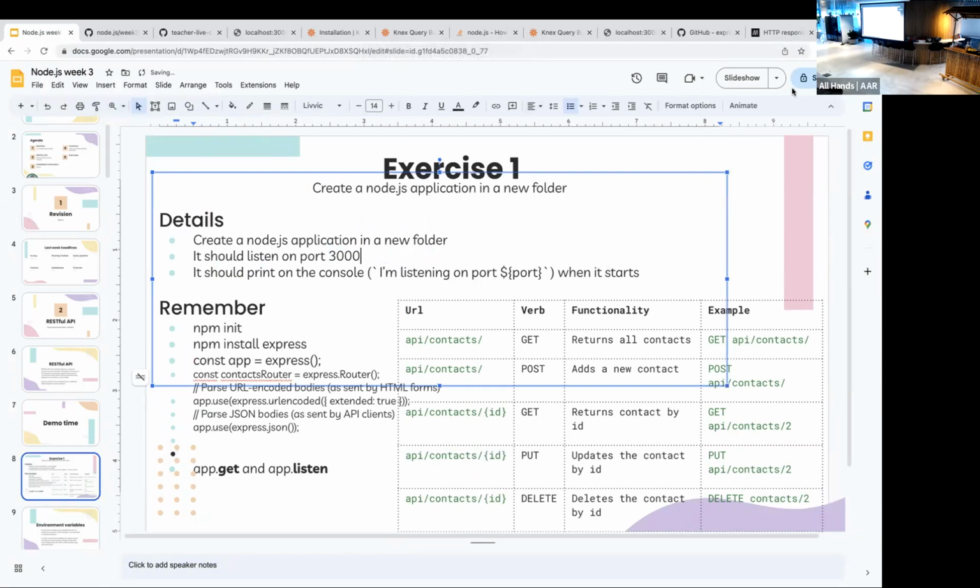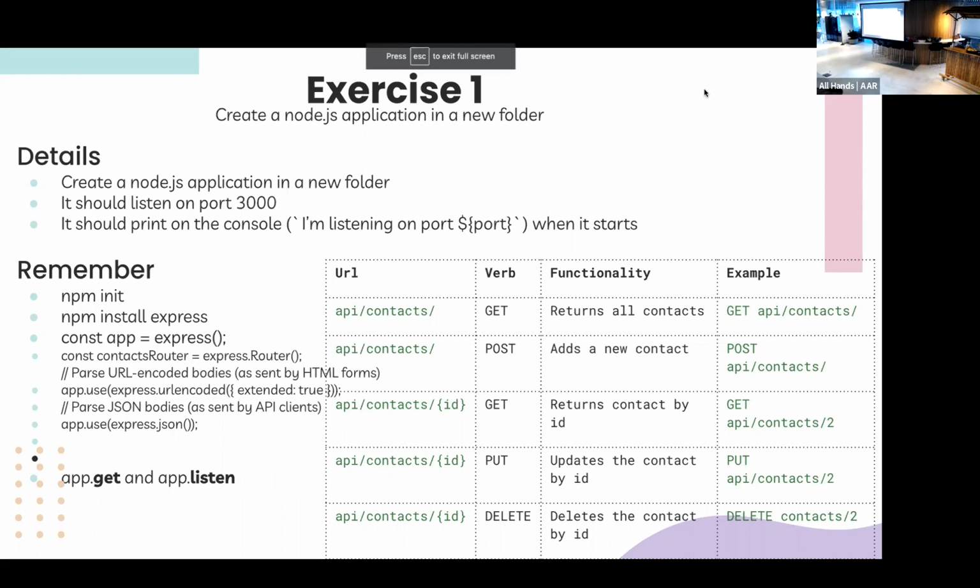And here are small things that you can use: app.use, app.listen, app.get. You don't have to write the database code, just create the router. Remember to create it in a separate file and then use it. It's a bonus if you also use Postman. Then we will be around.